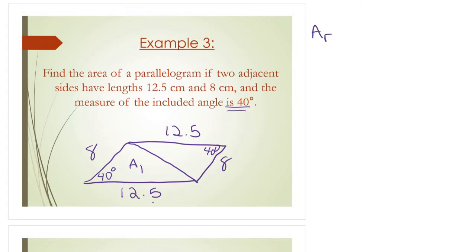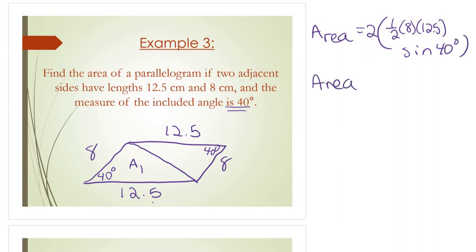So the area equals 2 times 1/2 times 8 times 12.5 times sine of 40 degrees. So the area equals, if you type that in your calculator, you should get 16.1.